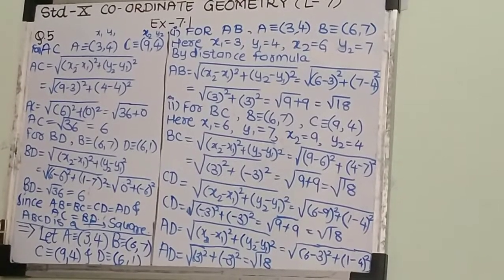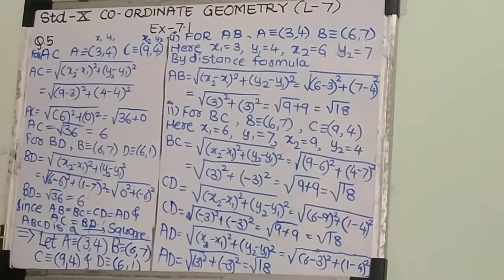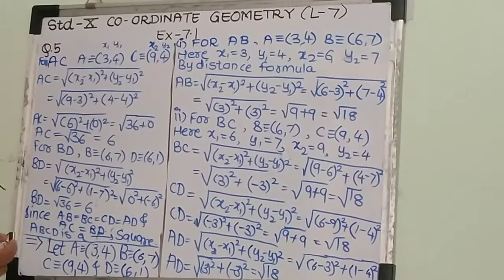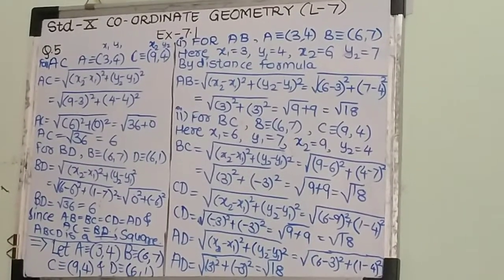ABCD is a square. In this way we are going to solve the sum when we are given the graph or given coordinates.